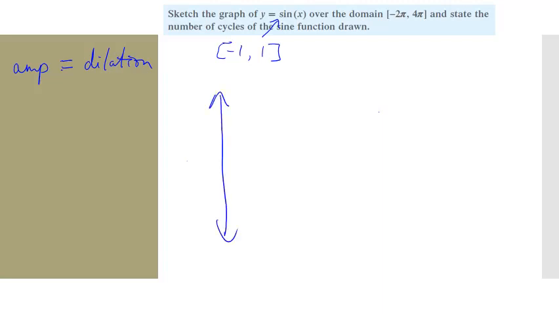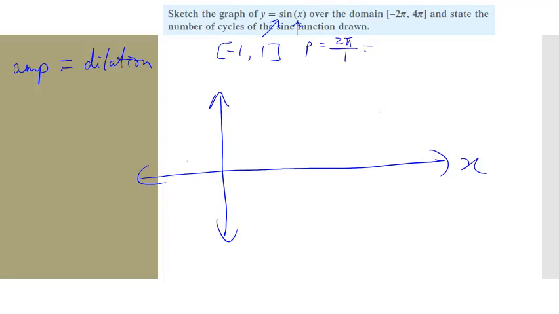Alright, sketch a graph of y equals the sine of x over the domain -2 pi to 4 pi, and then state the number of cycles. So, what's our n in this case? What's the number in front of this? 1. So our period is 2 pi over 1, which is equal to 2 pi.